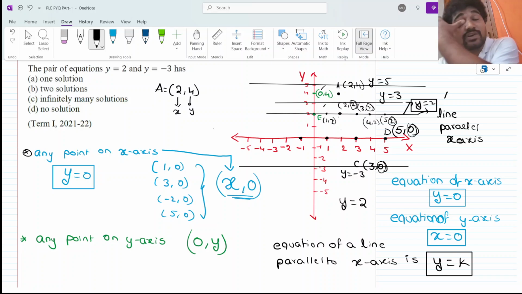So y is equal to k is a line parallel to which axis? Very good. y is equal to k is the line parallel to the x-axis.